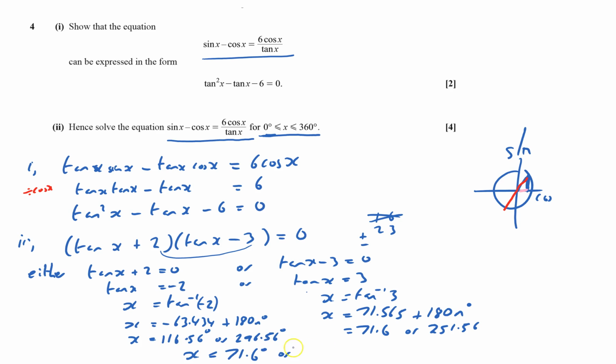We want to give 3 significant figures, so that would be 117 degrees. I always feel strange giving an angle to one decimal place and then to 3 significant figures like this, but this is what they expect. Next one will be 252 degrees, or finally, 297 degrees. And that's question 4 done.